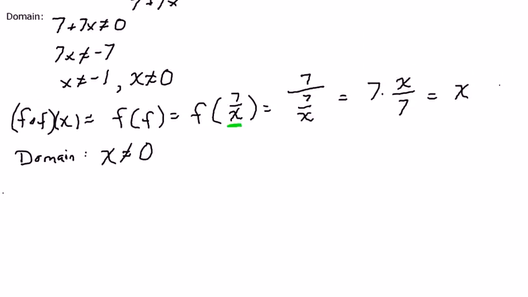Let's go ahead and look at g composite g of x. So g composite g of x, we're taking g and plugging g of x into it. So we're taking g and plugging in, let's see, what was that function? x over x plus 7.